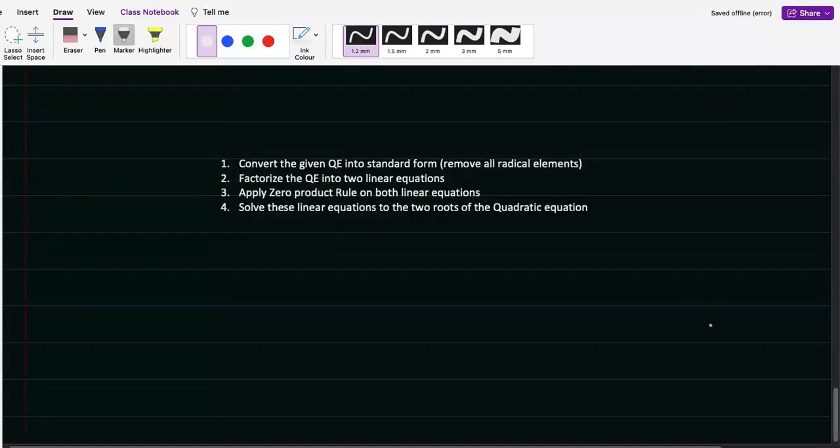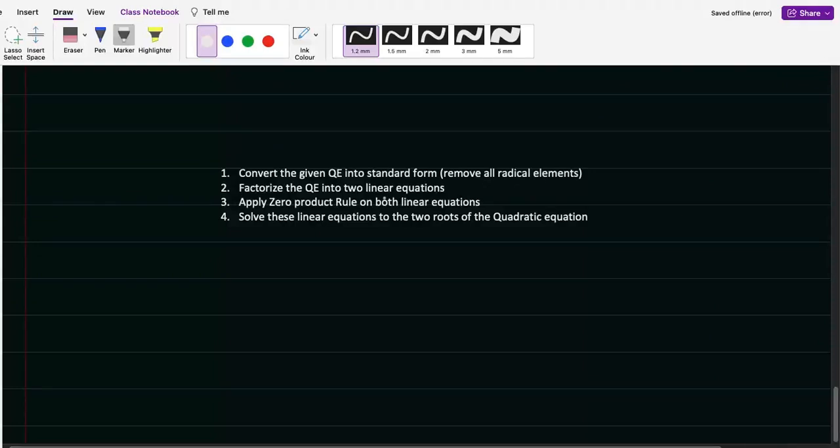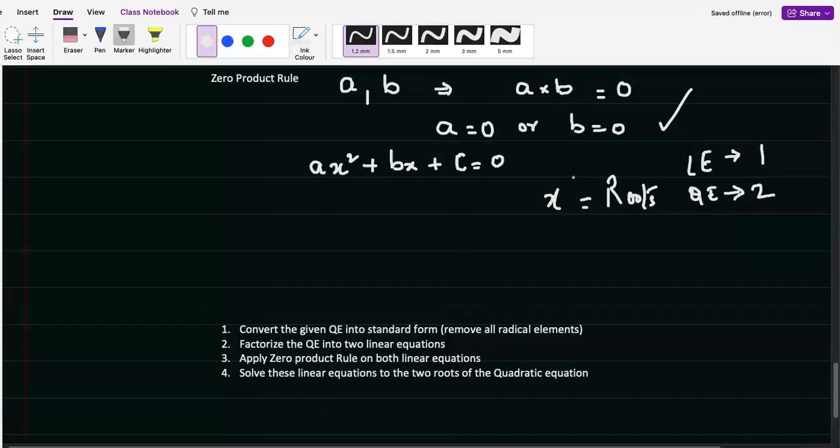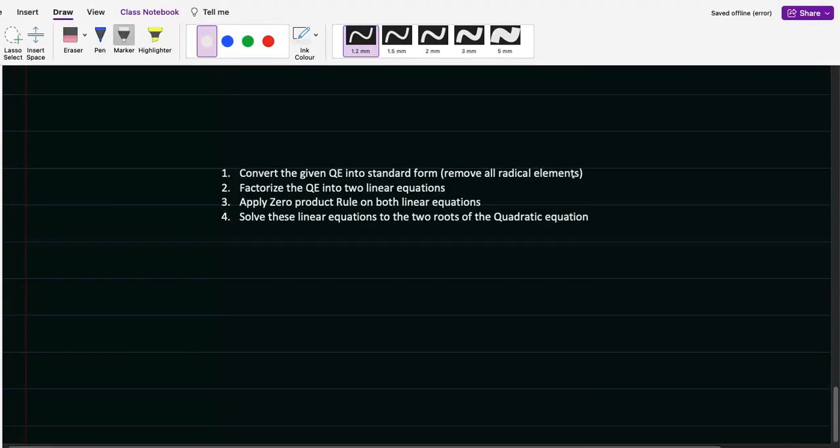These are the steps. First of all, you need to convert the given quadratic equation into standard form, ax square plus bx plus c equal to 0, removing decimals, fractions and other unnecessary things, like negatives. If you can remove those and make it into standard form, it is super.